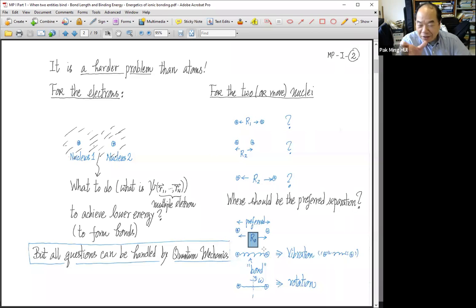And then at the end, there may be one separation where the energy is the lowest. That will be a preferred separation, and that is what chemists call the bond length. The length of the chemical bond. Okay, so we seem to have a way out, right?